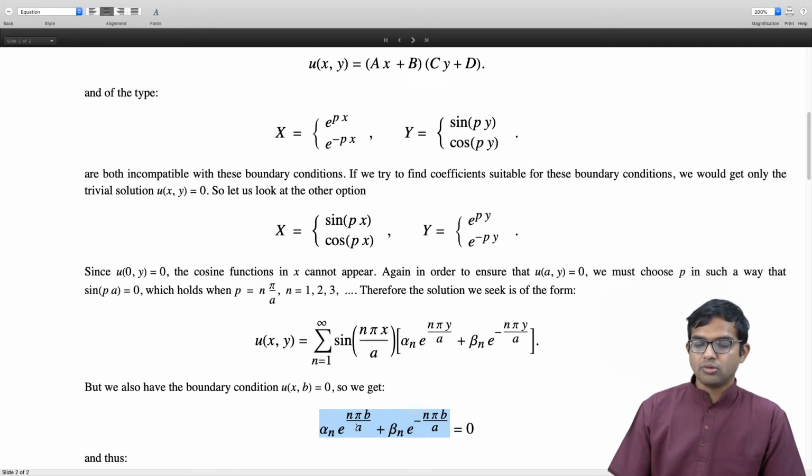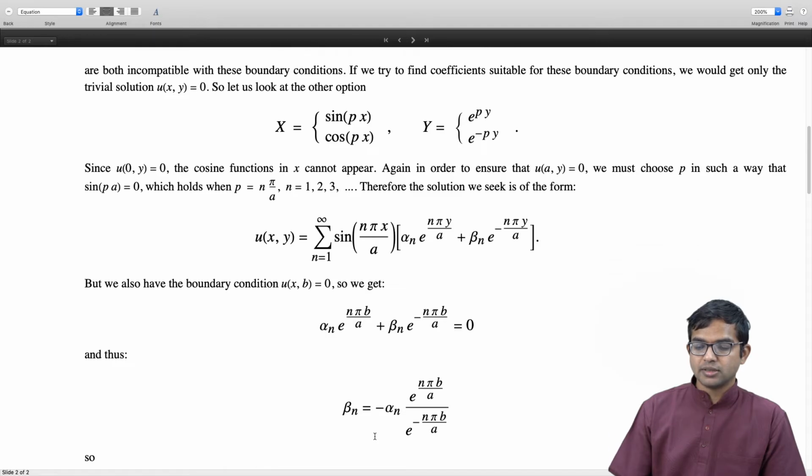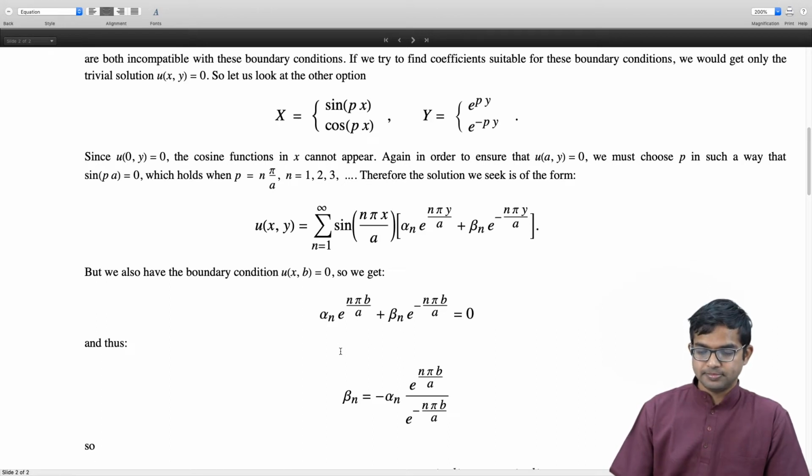So each of these factors must go to 0, and therefore immediately it tells us that beta n is related to alpha n in this manner. So beta n is equal to minus alpha n times e to the n pi b by a, the whole thing divided by e to the minus n pi b by a.